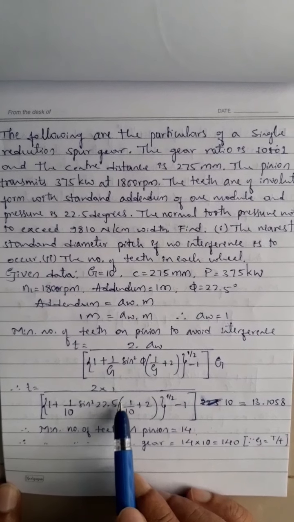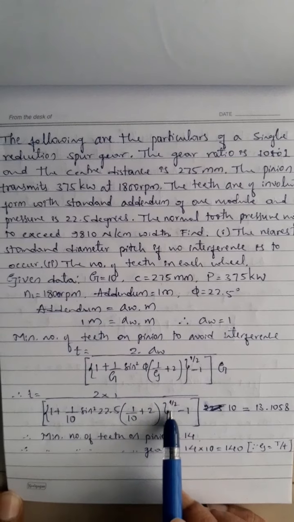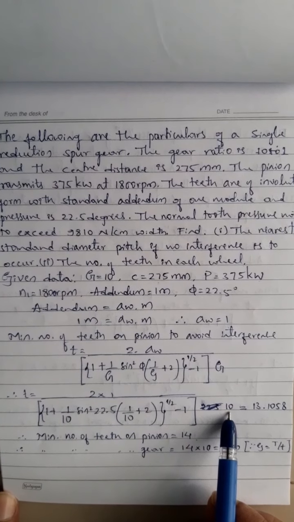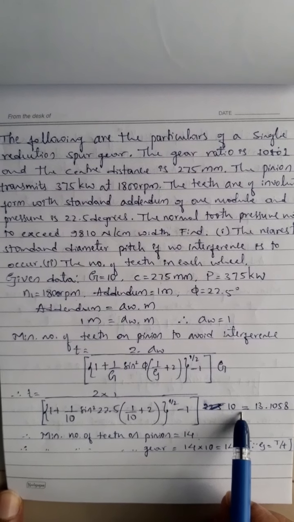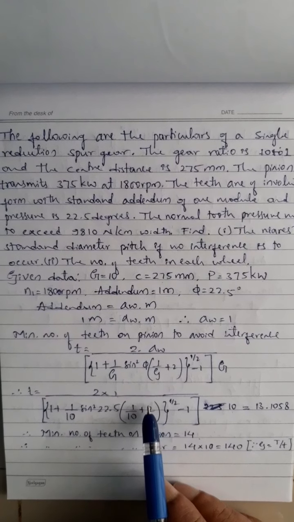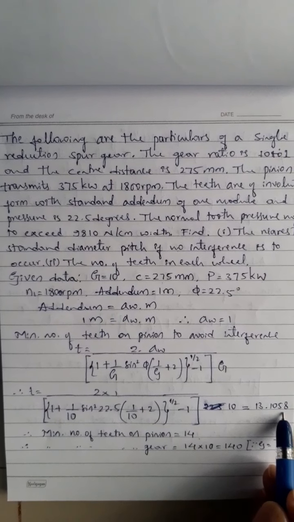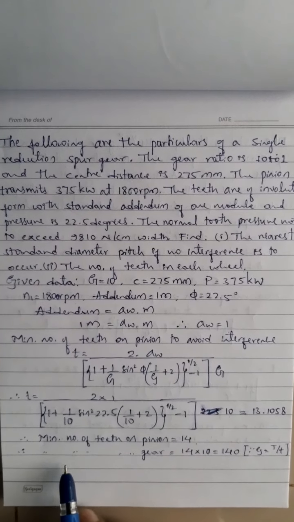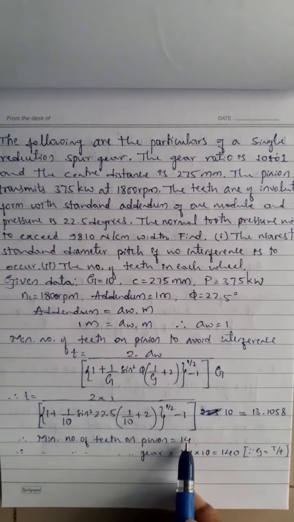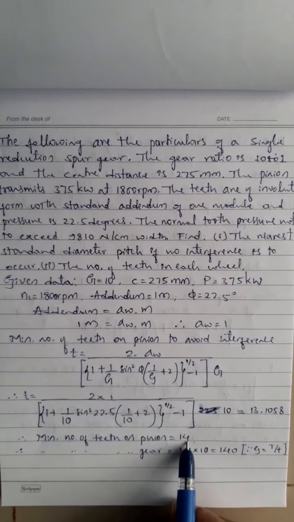So 22.5 into 1 by G plus 2 whole raised to 1 by 2 minus 1 into G, that is 10. So after calculating this value, we get number of teeth on the pinion as 13.1058. Therefore, we can say the minimum number of teeth on pinion is 14. Just round off to the next value, so 14.